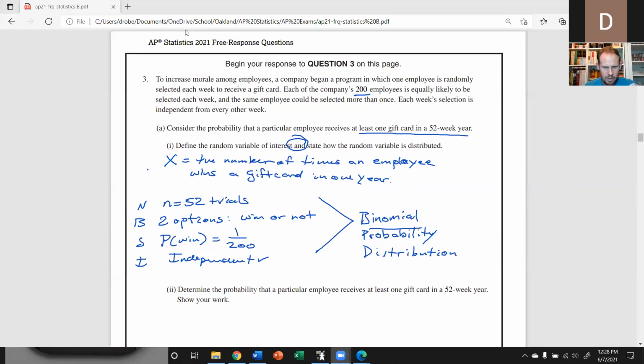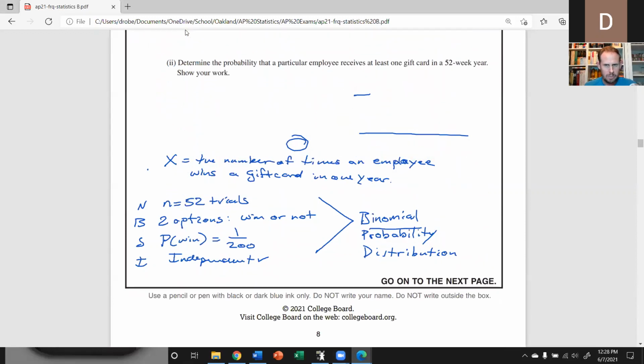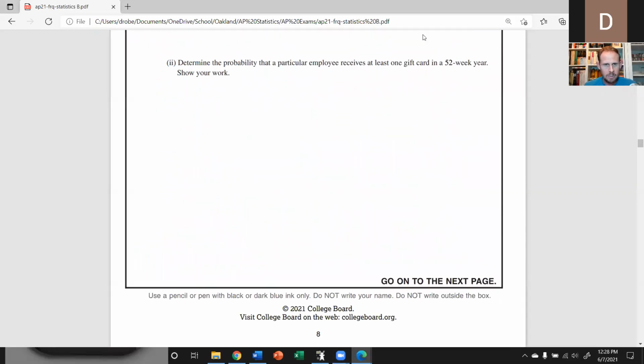All right, next one: determine the probability that a particular employee receives at least 1 gift card in a 52-week year. Show your work. We've done some at least problems before. It's been a long time, I know, some of you longer than others.